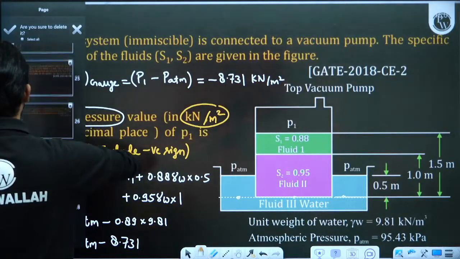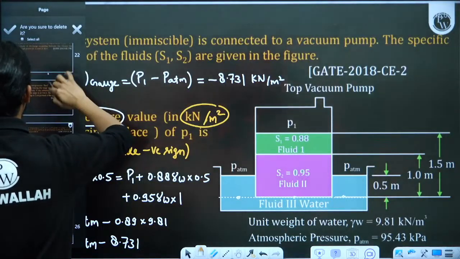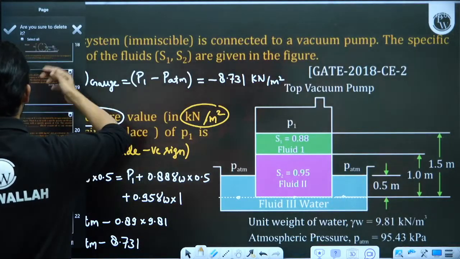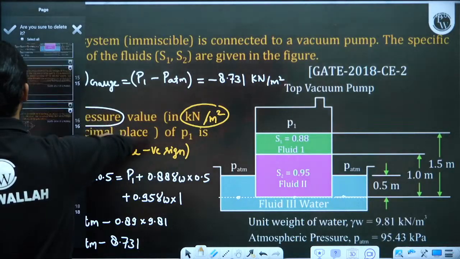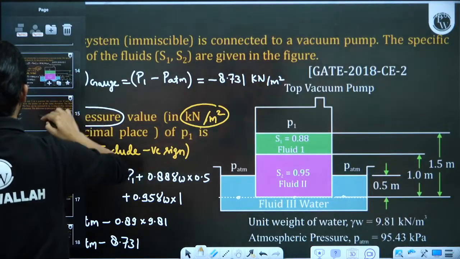I'm not giving you that Venturi meter type of questions because they are lengthy, not conceptual. Venturi meter questions are only lengthy, they are not conceptual. Okay, so let us do one more question.